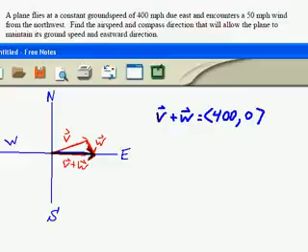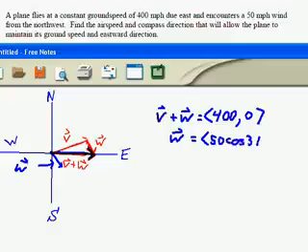We're given that W, well, if W is coming from the northwest, if you put a copy of it at 0, 0, where the initial point is at 0, 0, that would be W. It would have to have the form 50 cosine 315, because if you go all the way around, this is 45 degrees.